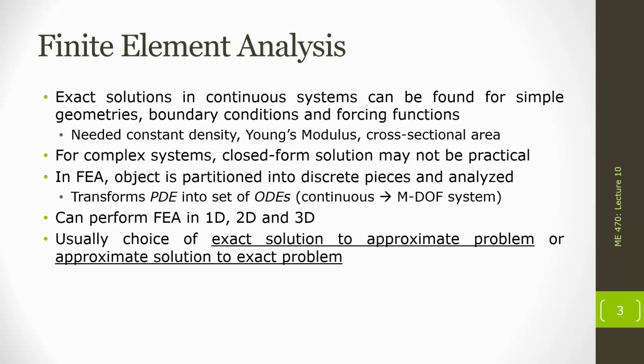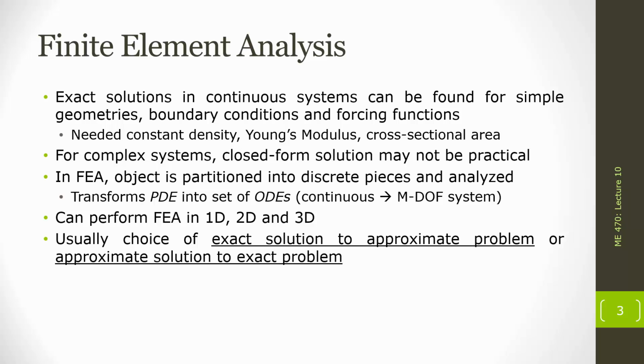So what this is going to come down to is, when we have a complicated problem, we're often given this choice that either we can get an exact solution to an approximation of the problem, where we might have to really simplify the problem down or make a lot of assumptions about it in order to, for example, get a partial differential equation that works. So maybe we can say, well, basically the cross-sectional area is constant, so we can use this PDE to solve it. But we're now making an approximation to our exact problem so that we can get a closed form solution.